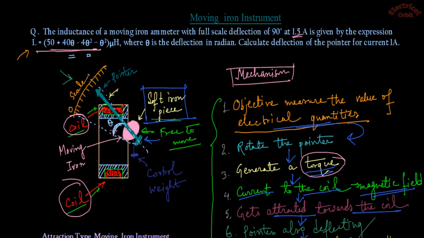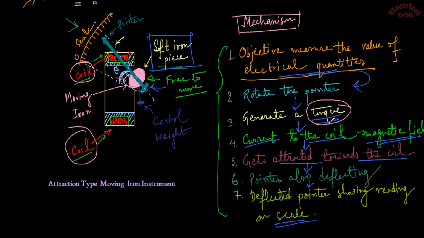Theta is the total angle of deflection from the initial zero position to the final position of the pointer. So all this is clear now. Another thing is, when the flow of current through the coil is zero, that means there is no current flow through the coil, then this particular pointer has to come back to its initial zero position, because the flow of current is zero.